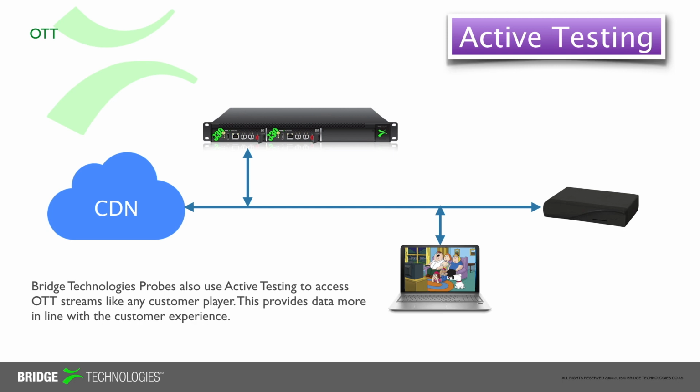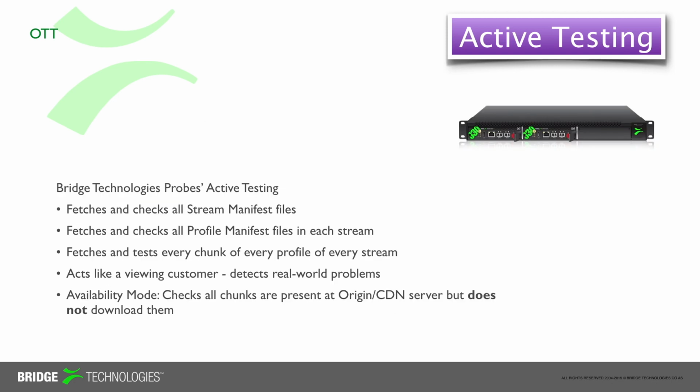So active testing works by behaving as though the probe were actually a customer out there looking at an OTT stream. We request the manifest file for the stream, and then we request the manifest files for all of the profiles, and then we go out and fetch. We request from the origin server or the CDN the individual chunks. Now this is where it differs, of course, from you or I sitting at home watching Netflix.